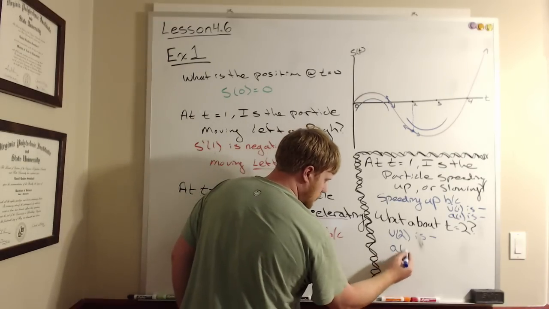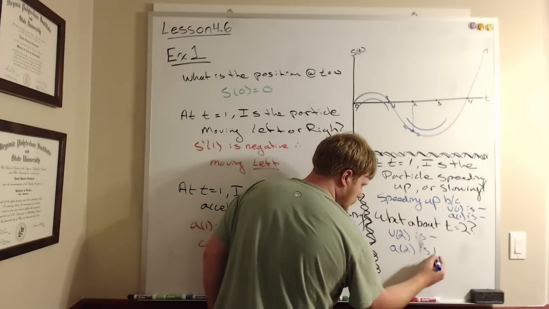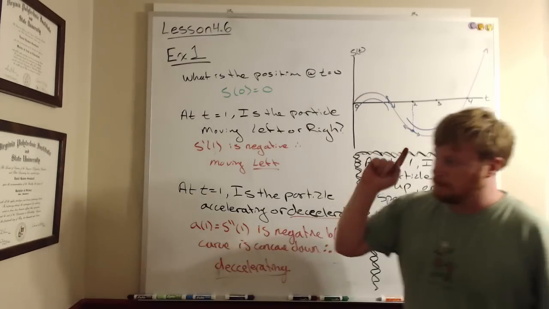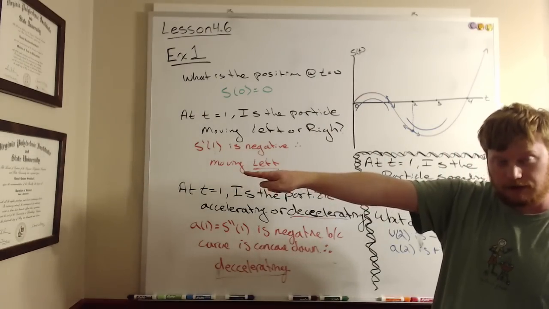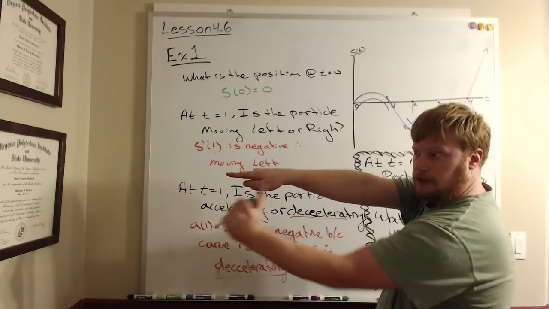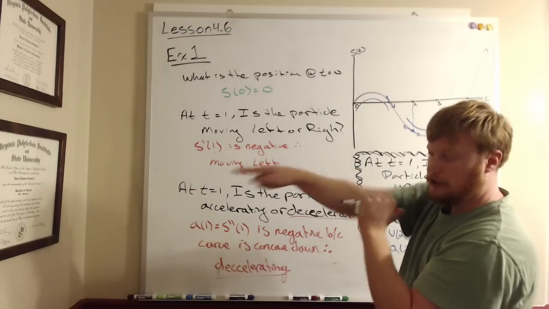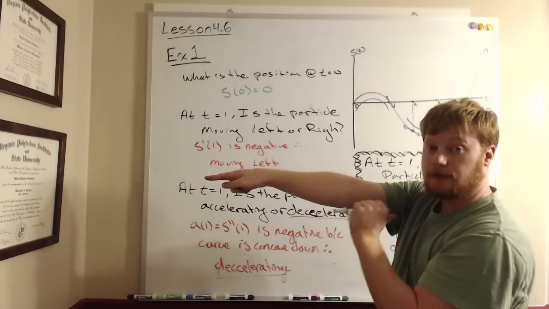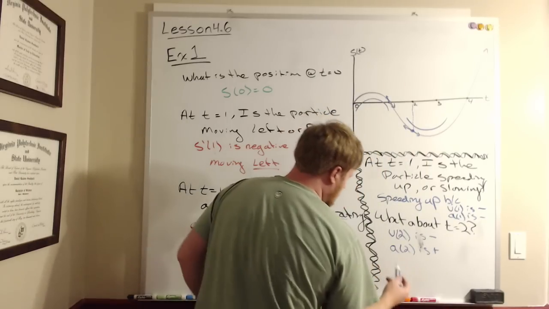So the acceleration at 2 is positive. So I'm still moving left. However, this acceleration force is now pulling me back the other direction. It's not pushing me in the same direction I'm moving. It's pulling me in the opposite direction. So I'm slowing down.